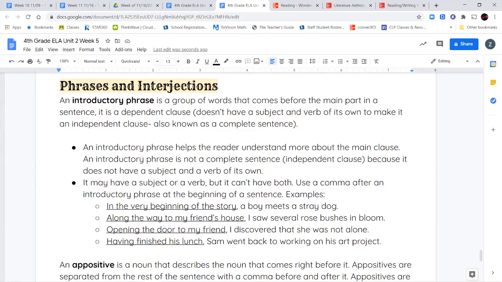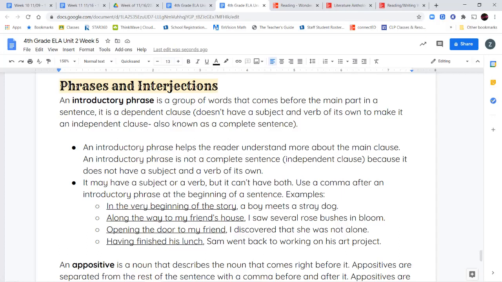Remember, independent means it's good all by itself. You don't need to add anything to it. But a dependent clause needs more. It doesn't tell you enough. So an introductory phrase is a kind of dependent clause that comes before the main part of the sentence, and it helps the reader to understand more about the main part of the sentence or the main clause.